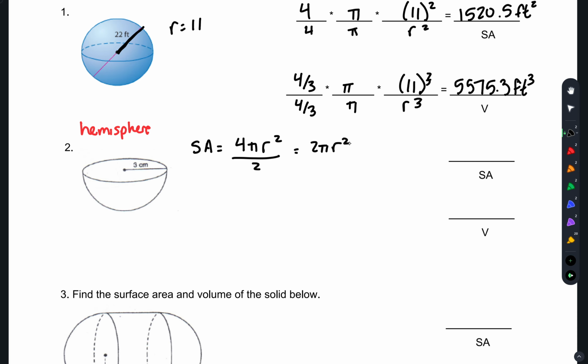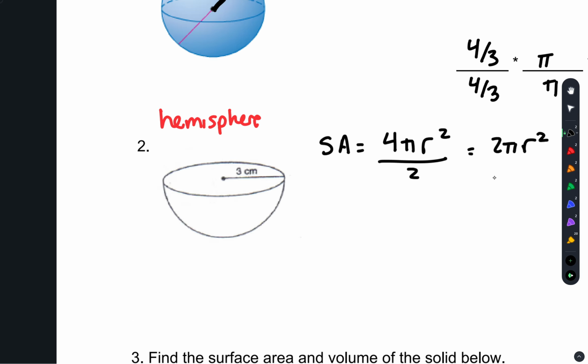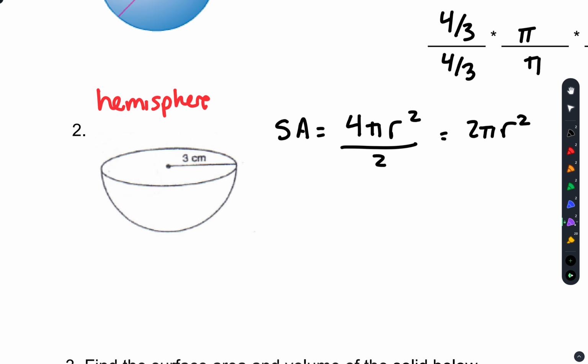You would probably think, hey, that's all I need, 2 pi r squared. However, when I cut a sphere in half, my formula is only going to get me the outside. But when I cut this sphere in half, I'm also exposing this whole section right here, which is a circle.